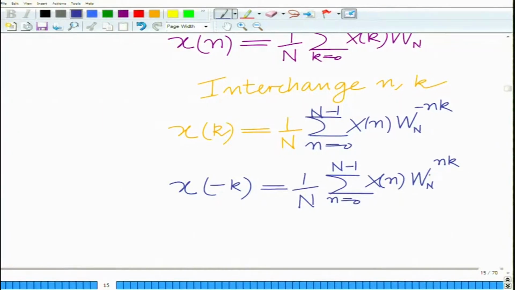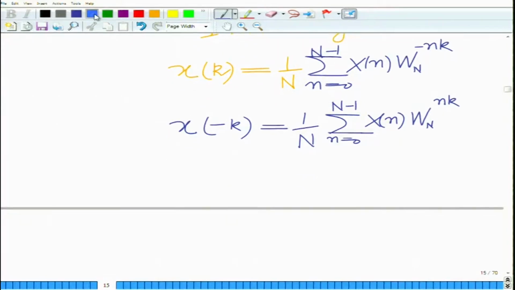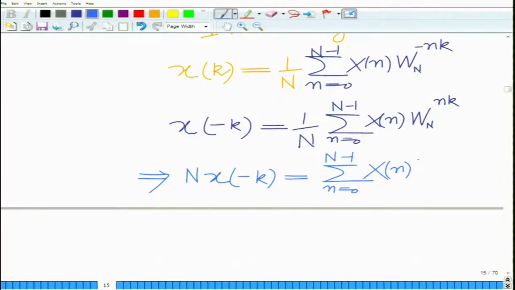And of course, the minus k is interpreted modulo N. The final operation is to get the N to the other side, and that implies N x of minus k is basically summation n equal to 0 to N minus 1 capital X n W N to the power of n k, which is basically the DFT of capital X n.